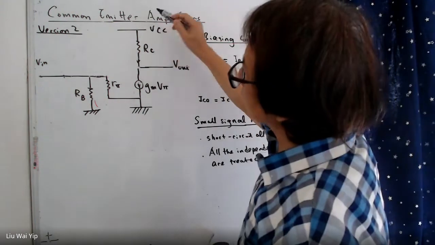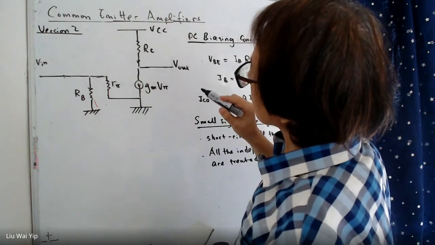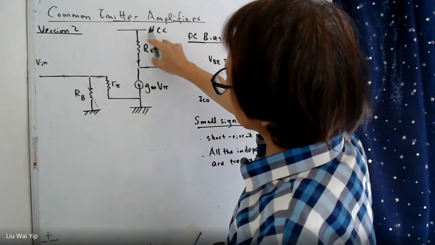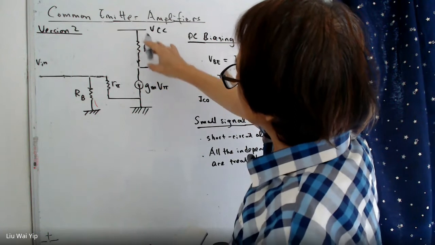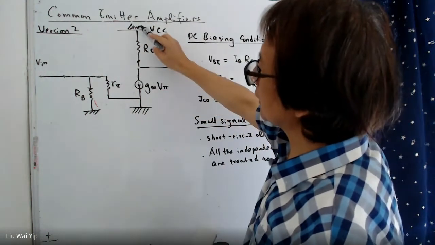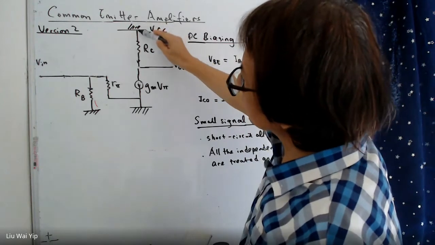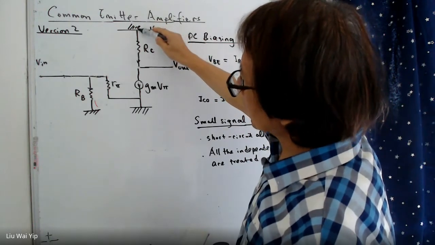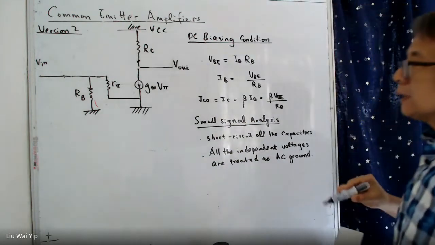So in this circuit, you have one independent voltage here, VCC. So this one is to be connected as this ground, and this ground is so-called AC ground. The only big difference between this ground and this ground here is the connectivity.